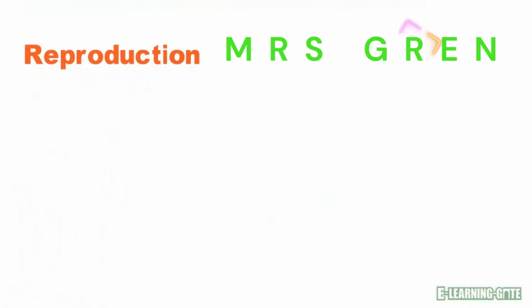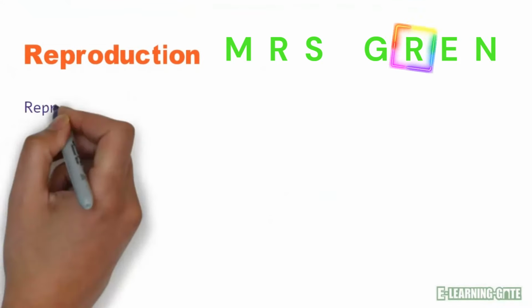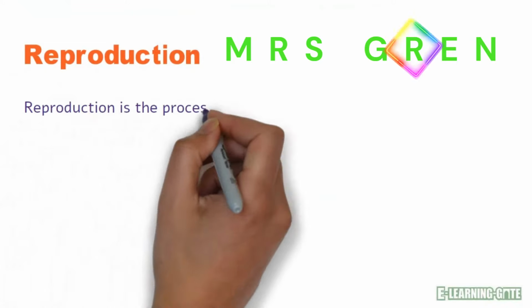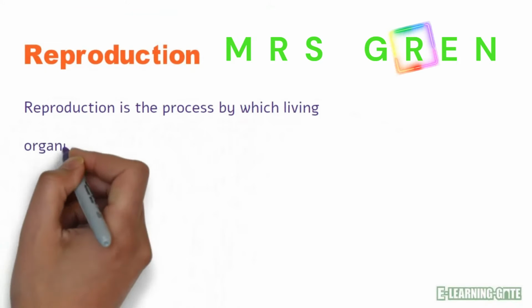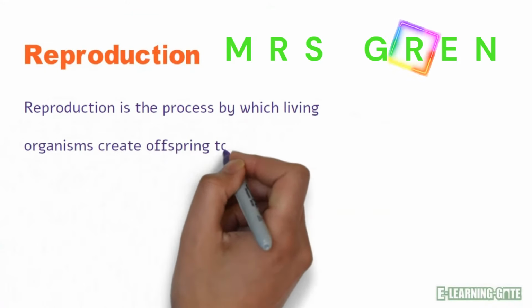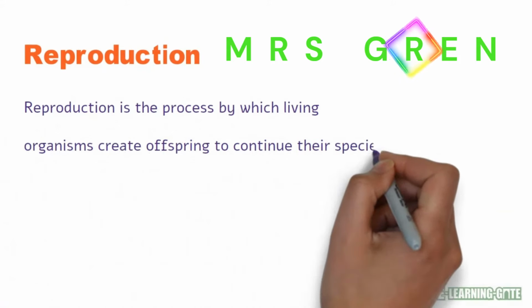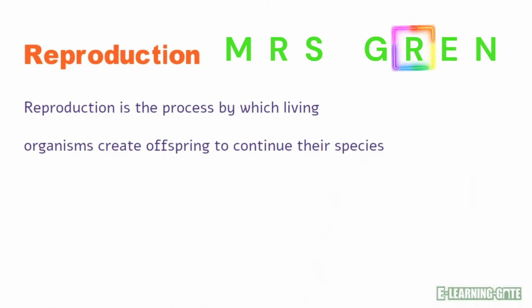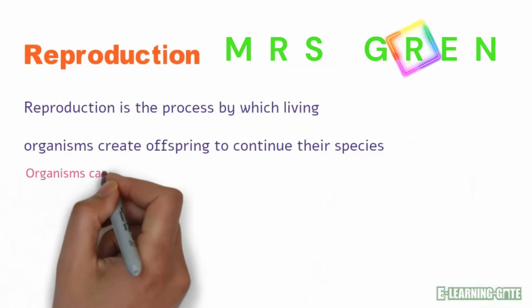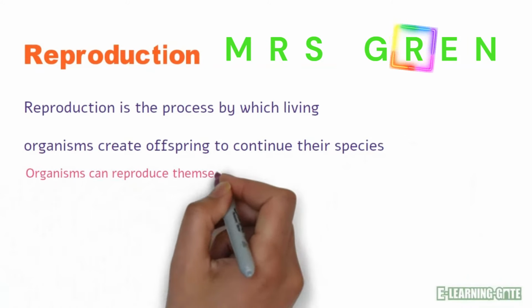Next feature is reproduction. Reproduction is the process by which living organisms create offspring to continue their species. Organisms can reproduce themselves by sexual and asexual methods.